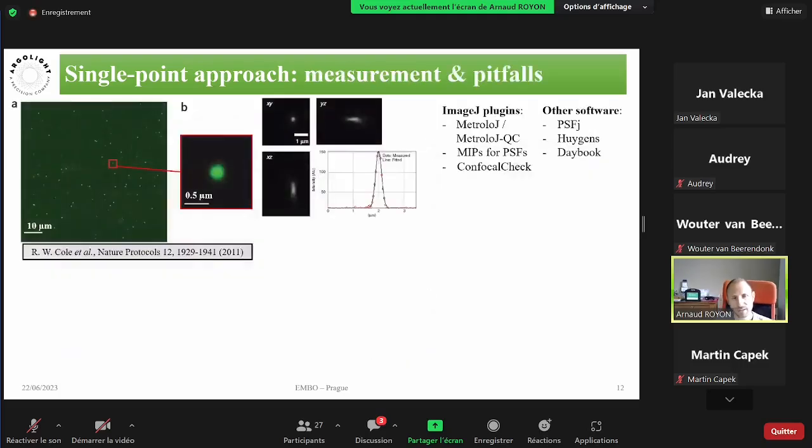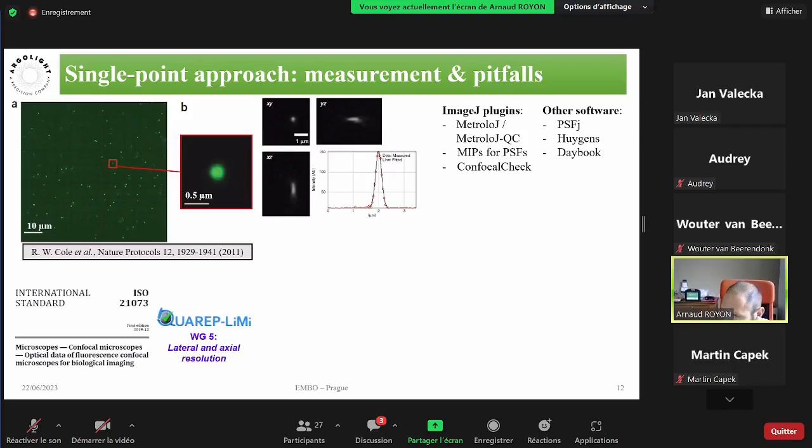To measure the resolution within the single point approach, you can use sub-resolution fluorescent beads. So you image those beads, you will have many beads in your field of view. You select one bead. Here are the orthogonal views of the bead. You draw an intensity line profile and you measure the full width at half maximum, usually using a Gaussian function as a fitting function.